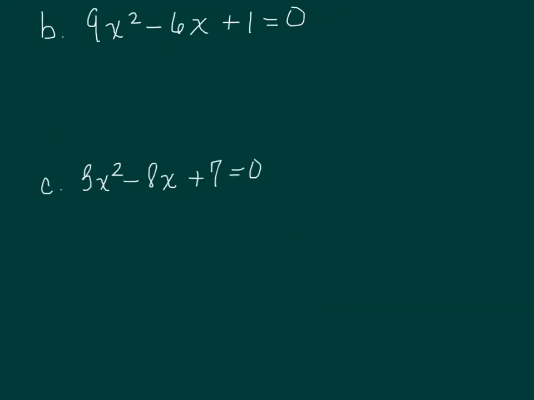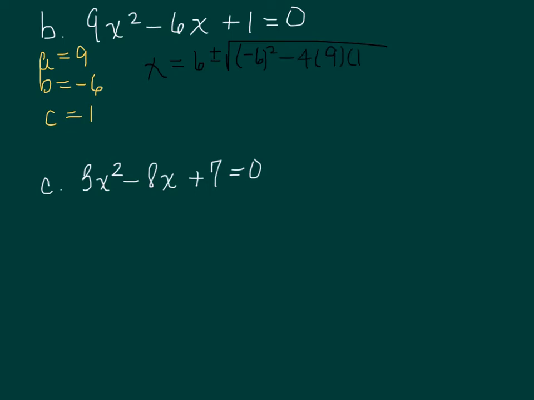Example 1b. First you identify a, b, and c. So a is 9, b is negative 6, and c is 1. Then you apply the formula. X equals negative b, but b is already negative, so it becomes positive. Make sure you put b squared in parentheses.